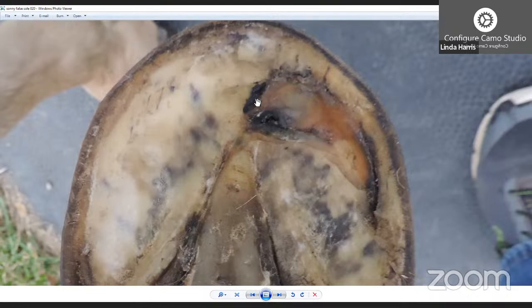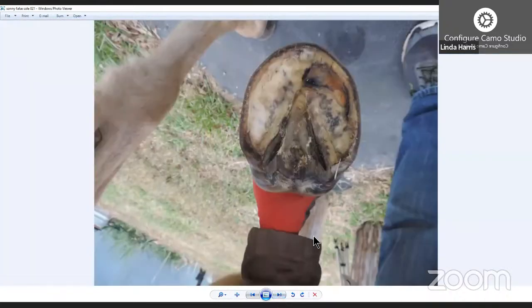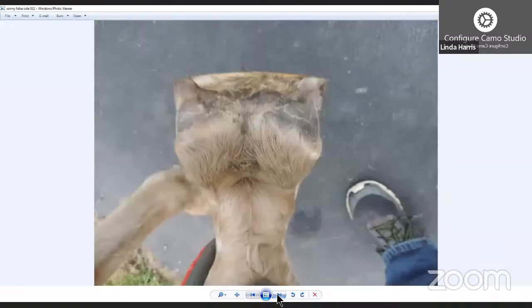And so then the part of the sole that had the abscess under it was removed. He was put in boots with pads and socks too to grow all this back. He had started growing a new sole here. Let me see what else is here. You can see it there.